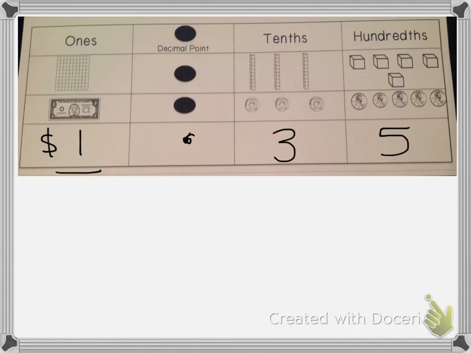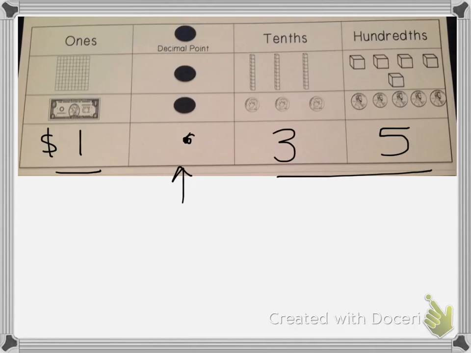The period, or the dot, is called a decimal point. Its job is to separate the whole, or the dollars, from the parts, or the cents. The 35 tells us the part of the whole that we have. In this example, we have 35 cents. So that's 35 out of the 100 cents it would take to make another whole dollar.